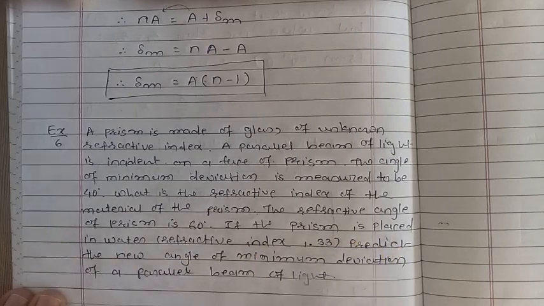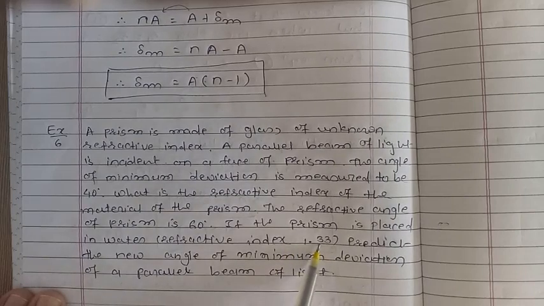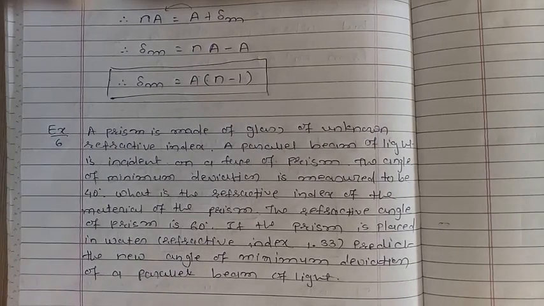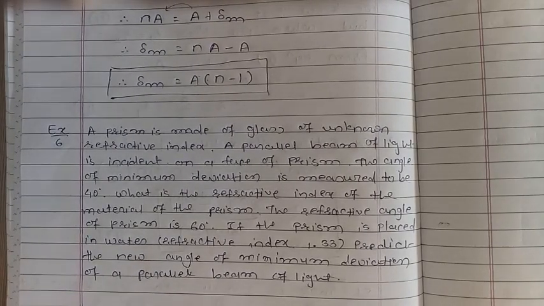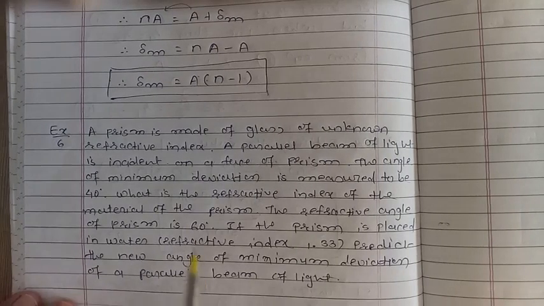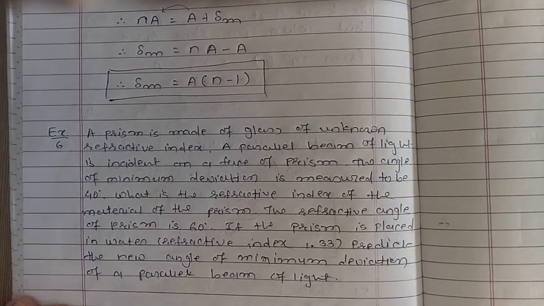If the prism is placed in water, refractive index of water 1.33, then predict the new angle of minimum deviation of a parallel beam of light. So if we place the prism in water, then we have to find out the minimum deviation. But first of all we have to find out the refractive index of the material of the prism.